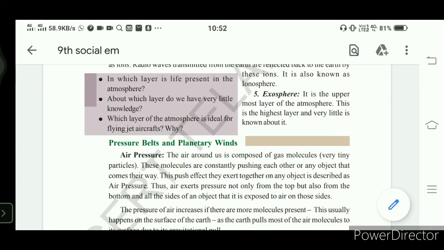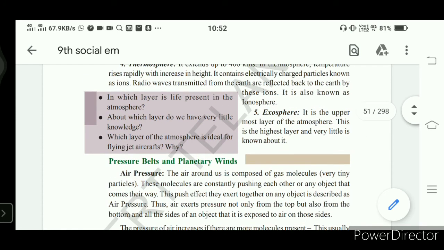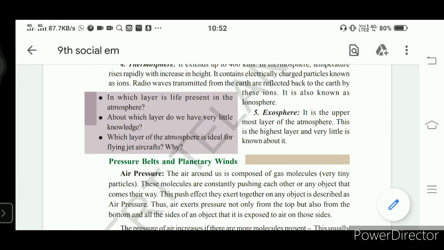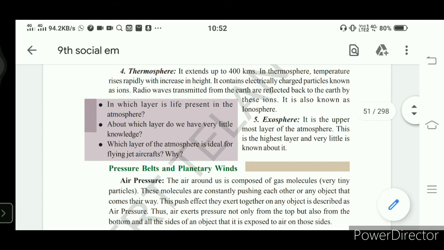And after that, there is another layer, the topmost layer of the atmosphere, right? It is at the very top, so it is called the upper layer of the atmosphere. What is it? Exosphere. Understand? We are trying to find out information regarding the exosphere.